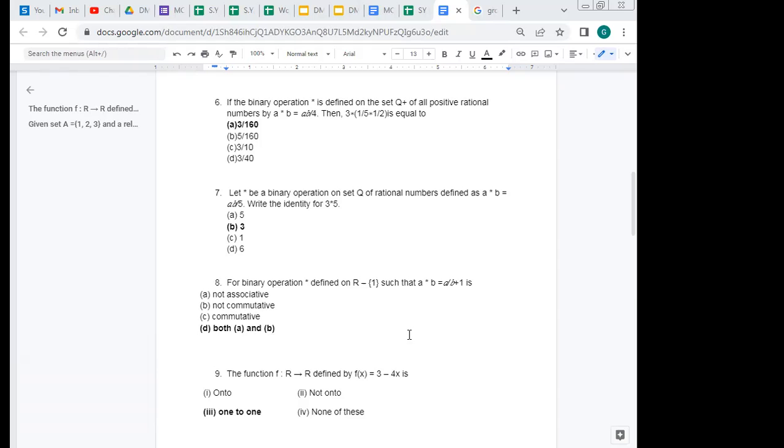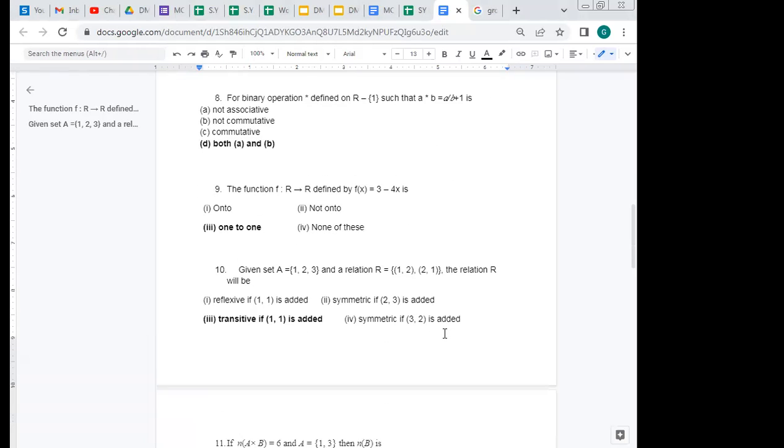So the next question is, if the function f is from R to R defined by f of x equal to 3 minus 4x, what type of function it is? 3 minus 4x is the function of x. What type of function it is?